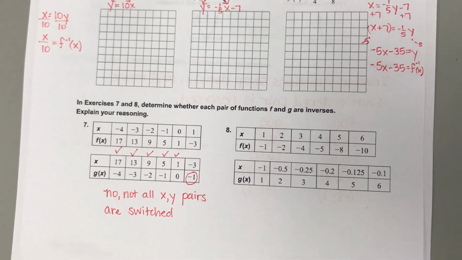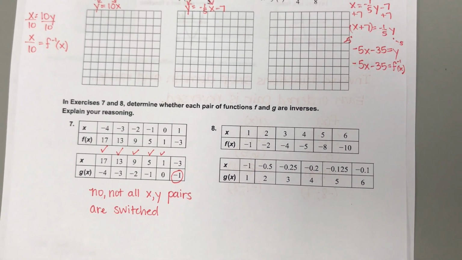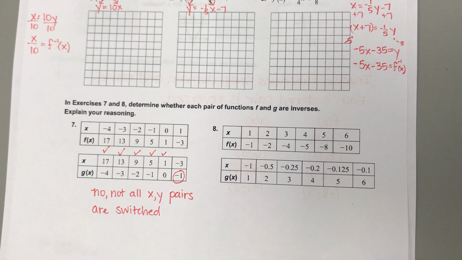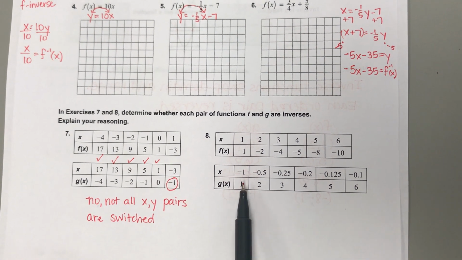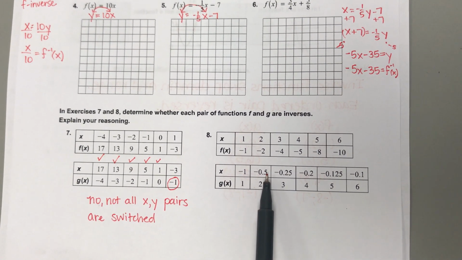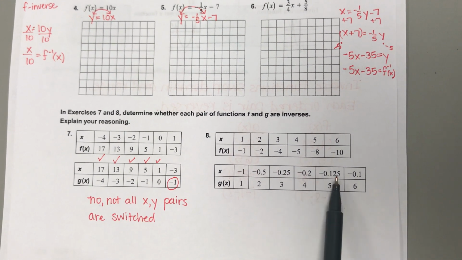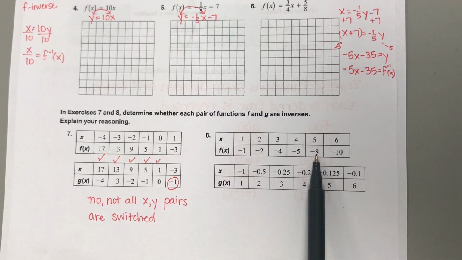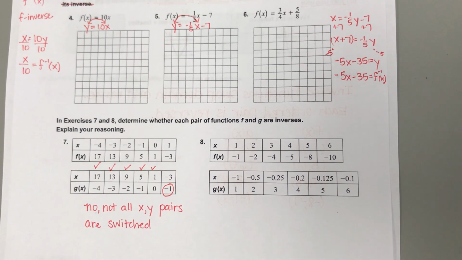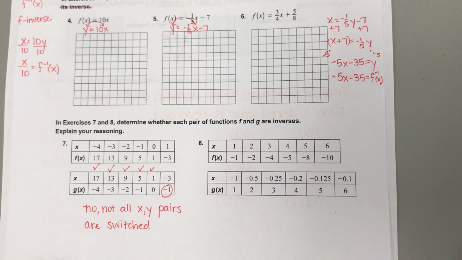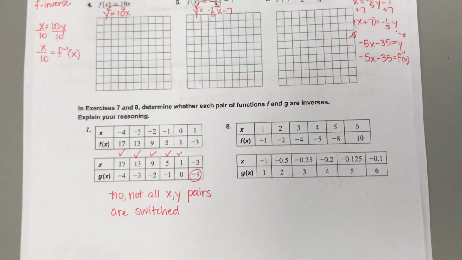Okay. So if we check out number 8, you can see these are all like this is 1/8 and that's 8. And so that's not working out for us either.